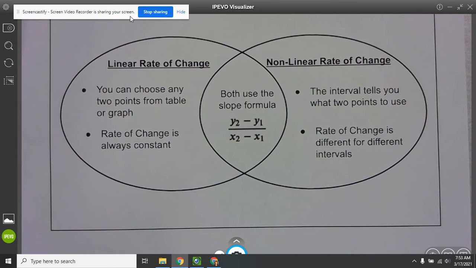For a nonlinear function, they have to tell us the interval, and it will always be different for different intervals. But the way that these are the same is we're still going to use the y2 minus y1 and x2 minus x1. We're still going to look at the change in y divided by the change in x. So it's still the slope formula.